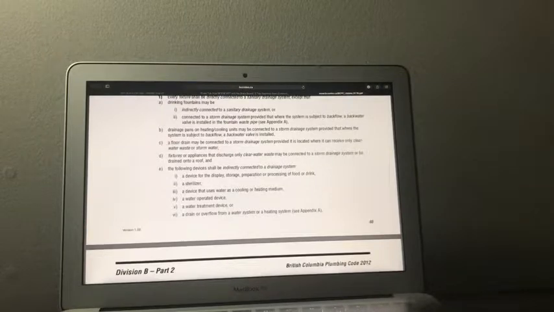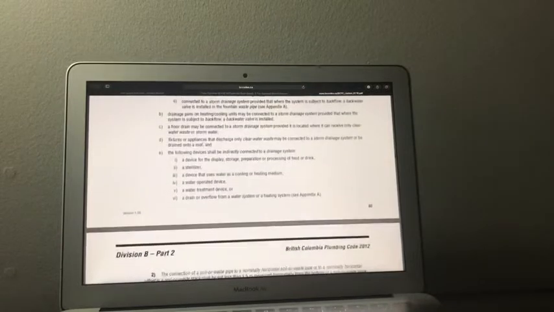A floor drain may be connected to a storm drainage system, provided that it is located where it can receive only clear water waste or storm water. Fixtures or appliances that discharge only clear water waste may be connected to a storm drainage system or be drained onto a roof.